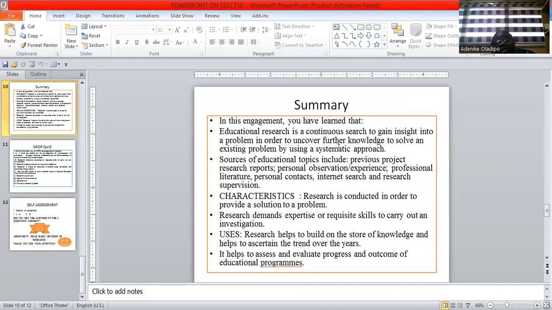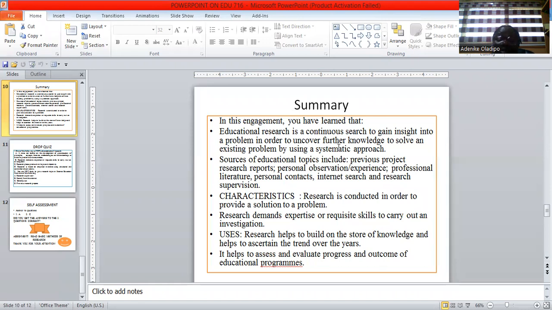We also talked about, in this engagement, the characteristics of research. We say research is conducted basically to provide a solution to a problem. We also mentioned that research demands expertise or requisite skills to carry out an investigation. After that, we also talked about uses of research.